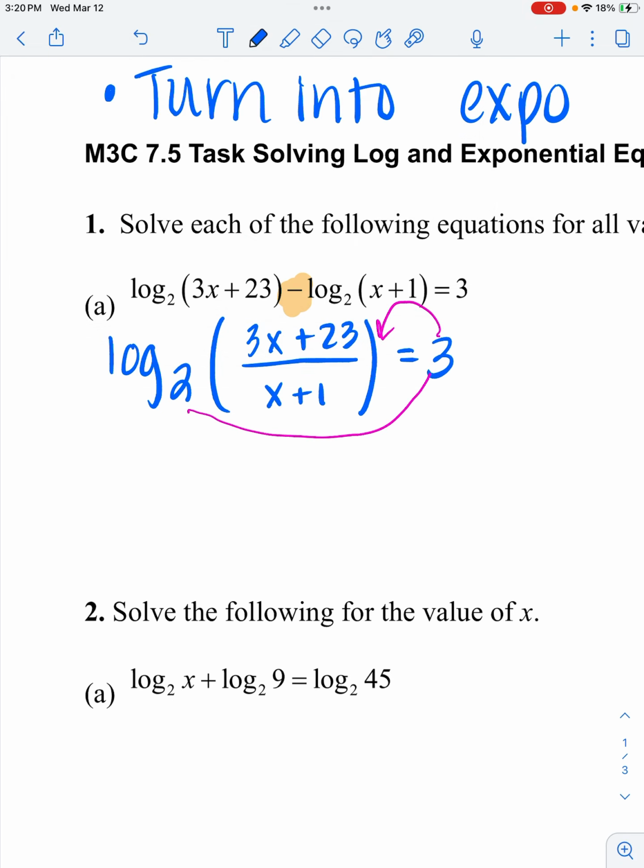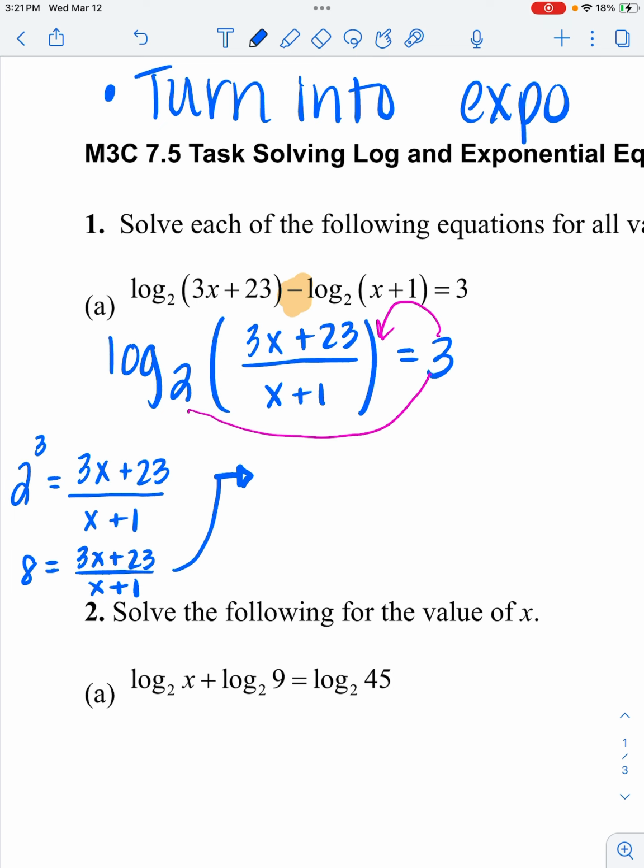So the way that I'm going to write this is the base of 2 to the power of 3 equals the argument, 3x plus 23 over x plus 1. So 8 equals 3x plus 23 over x plus 1.